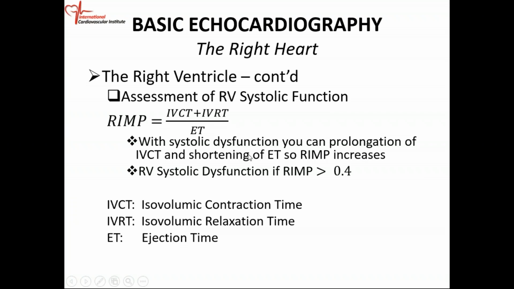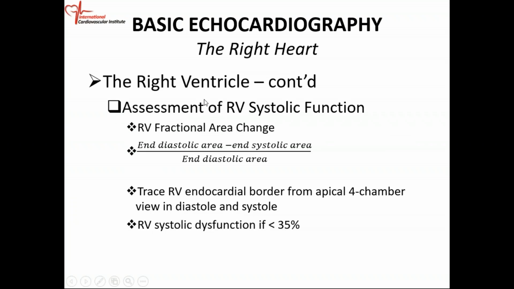You have to have an understanding of how to get it. The other name for it is the Tei index. So on the exam, they might just ask you, what is the Tei index? You don't have to know any details, but you have to appreciate how you get RIMP, and the basic definition. Okay, all right.